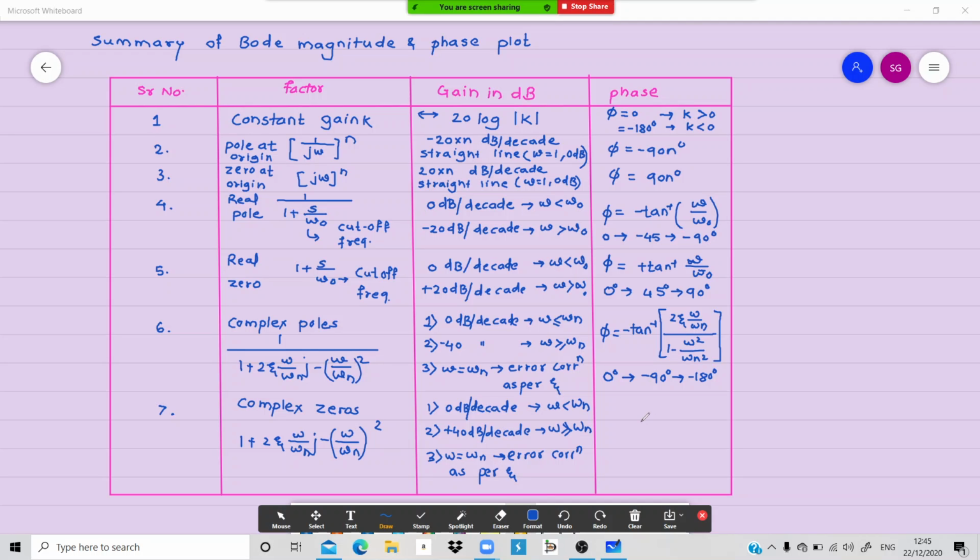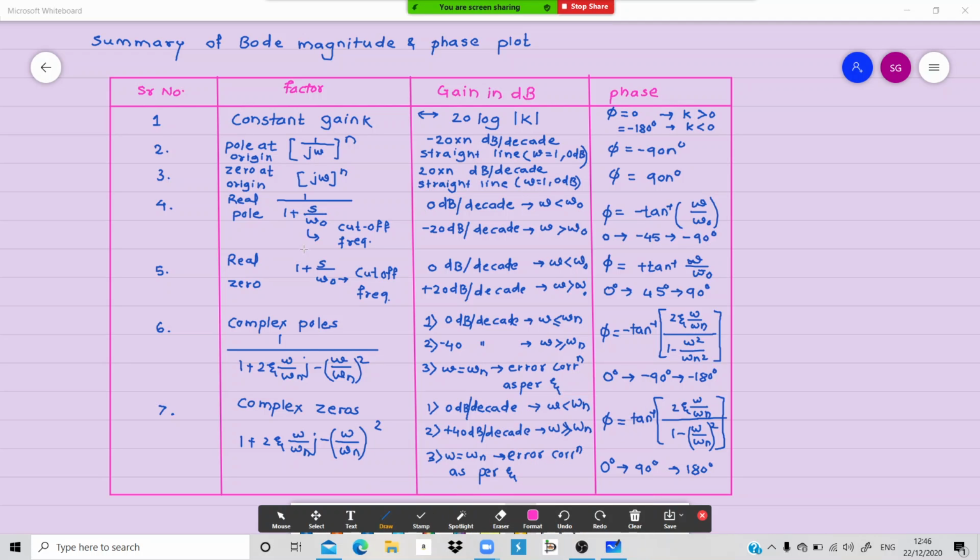Phi varies from 0 degree through 90 to 180 degree, and phi is equal to plus tan inverse of 2 zeta omega upon omega n upon 1 minus omega upon omega n bracket square. This was the formula for that.